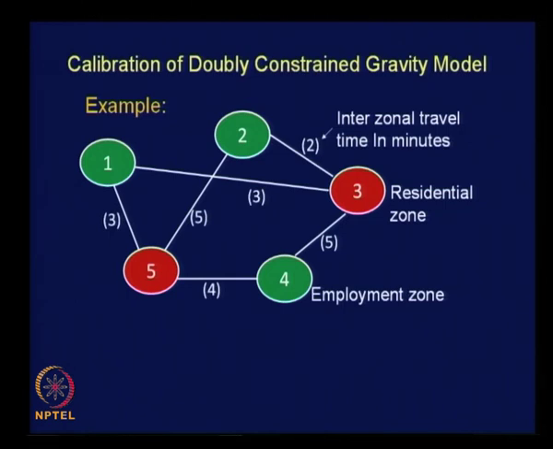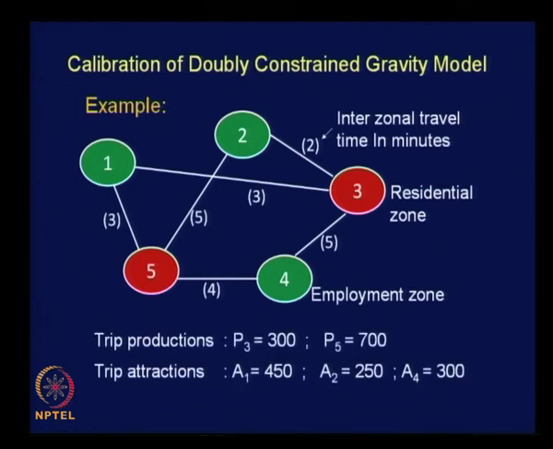This is how the zones are connected, and the trip production and attraction values are as shown here. P3 is 300 trips, P5 700 trips, A1 450 trips, A2 250 trips and A4 300 trips. You can assume in this case also that these trips are specific to a particular mode. With that understanding only we are proceeding further, and for a particular purpose.